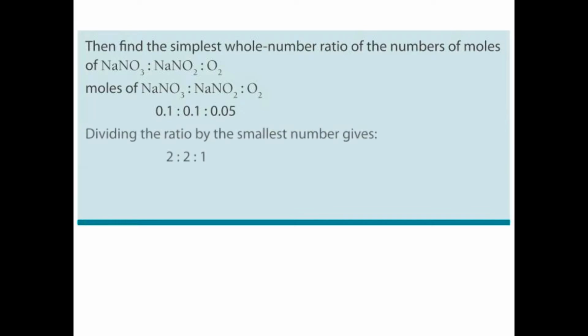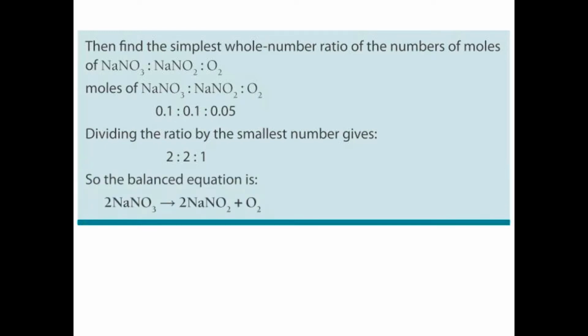We're going to divide by the smallest number. Okay, so 0.1 divided by 0.05 is simply 2. 0.1 divided by 0.05 for the second one is also clearly 2. And then clearly for the last one, 0.05 divided by itself gives us 1. So we have a whole number ratio, 2 to 2 to 1.